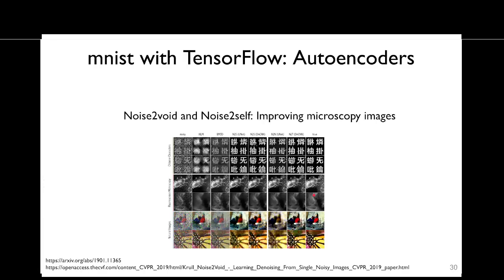So 2 of them you can see on this slide. These were 2 papers that were coming from groups here in Dresden, which worked on microscopy data. And the microscopy data is here. Some Chinese characters are over there, and some photos over here for their technique. This is the noisy original image. This is the ground truth.